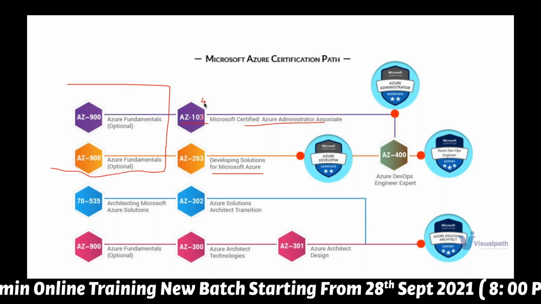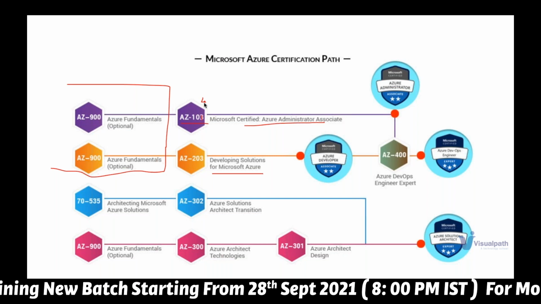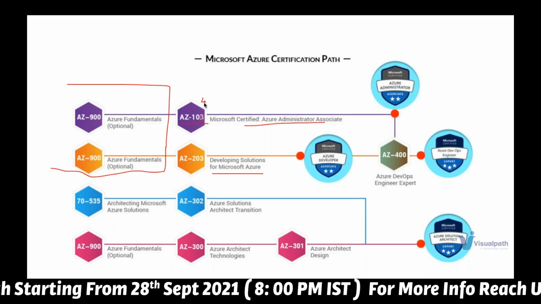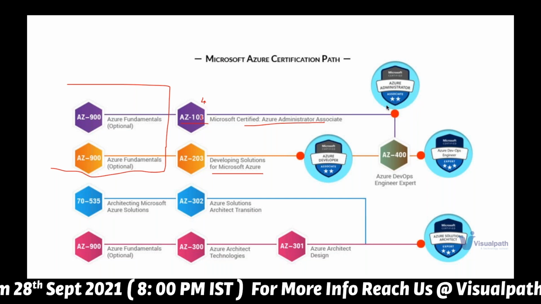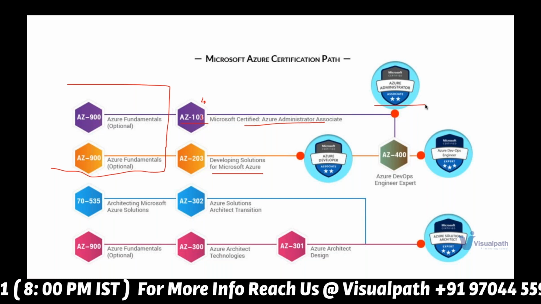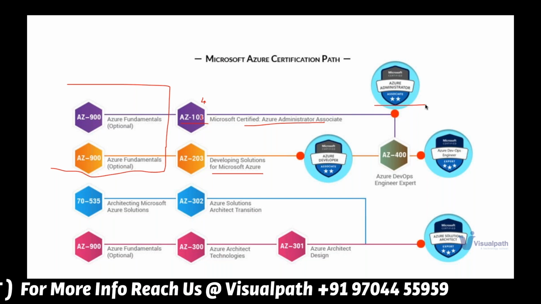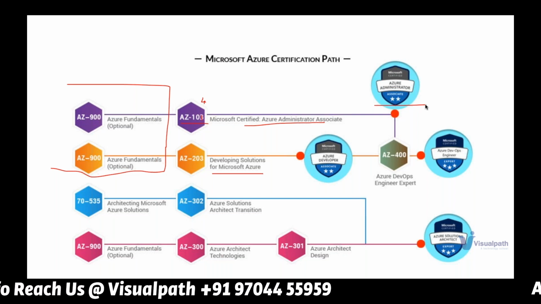So this is what we'll be covering in this entire training. Okay. So once you complete this training, you can take a certification and you'll be certified as an Azure Administrator Associate. Okay. So this is one track.